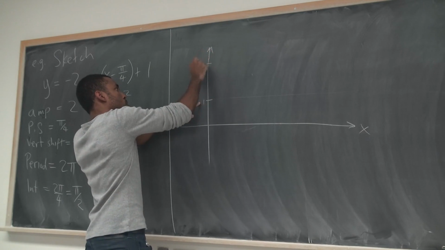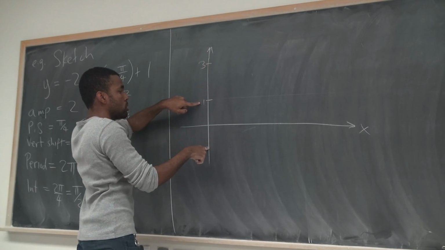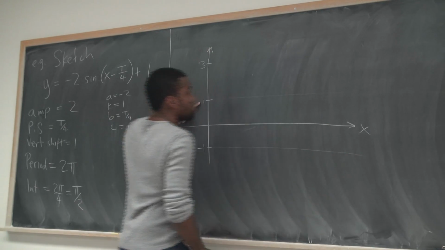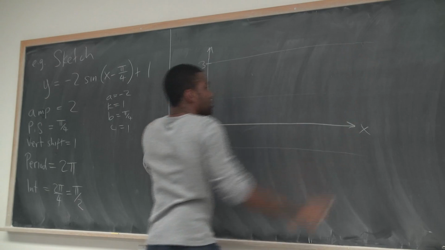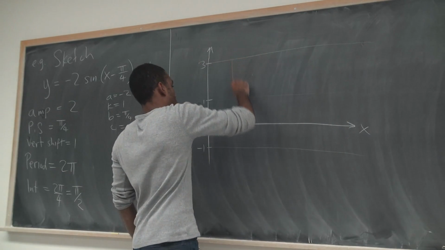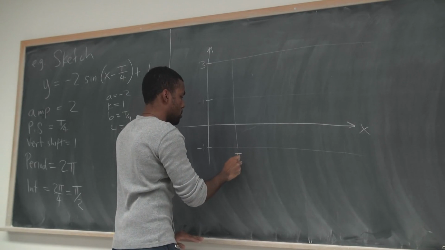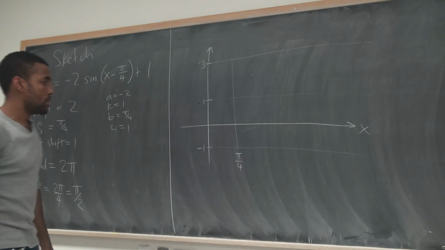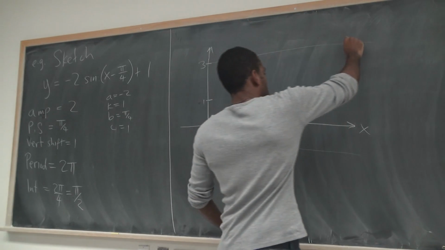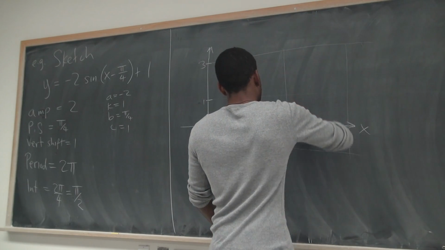It'll go up 2 to a point 3. I'll go down 2 to a point what? Minus 1. Where do I start my graph? At the phase shift, which is at pi over 4. So I'm going to start here at pi over 4. Now my period over 4 is pi over 2. So I know this is going to be in 4 sections.